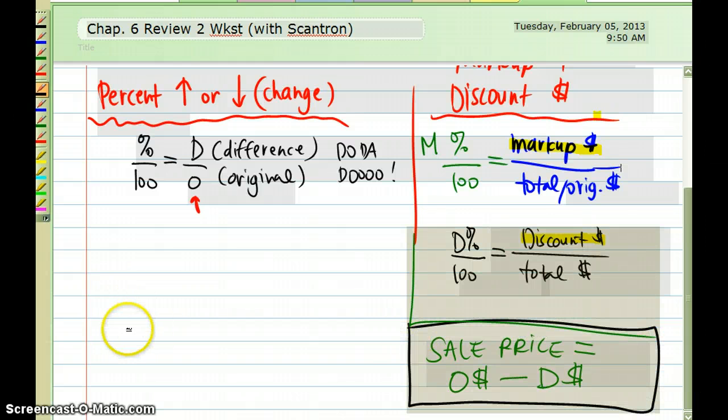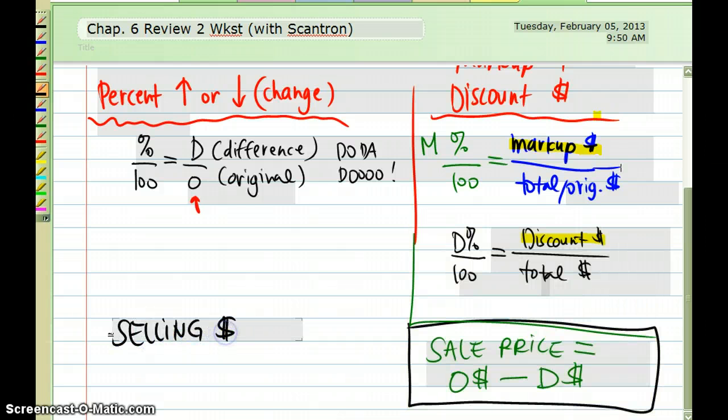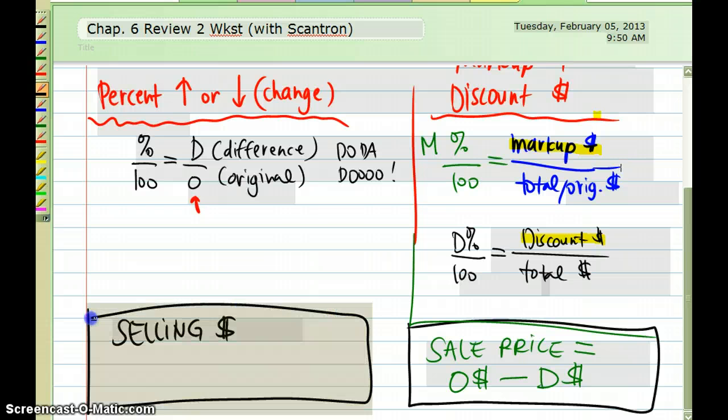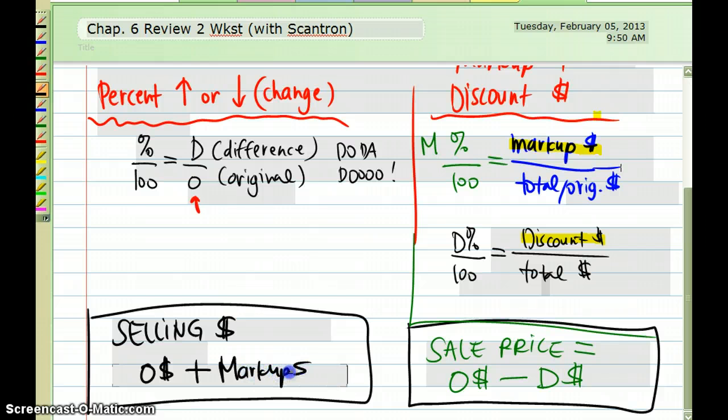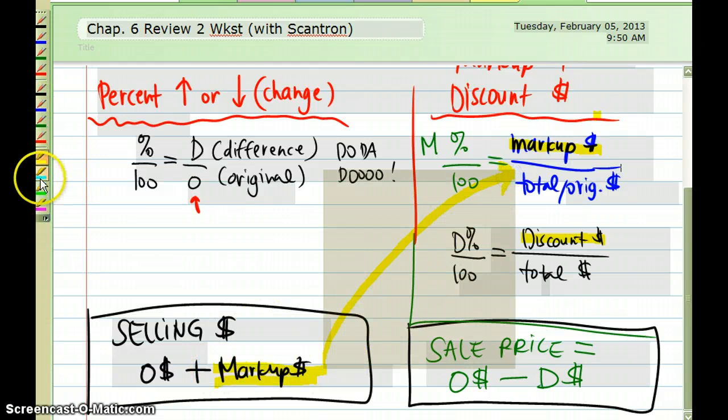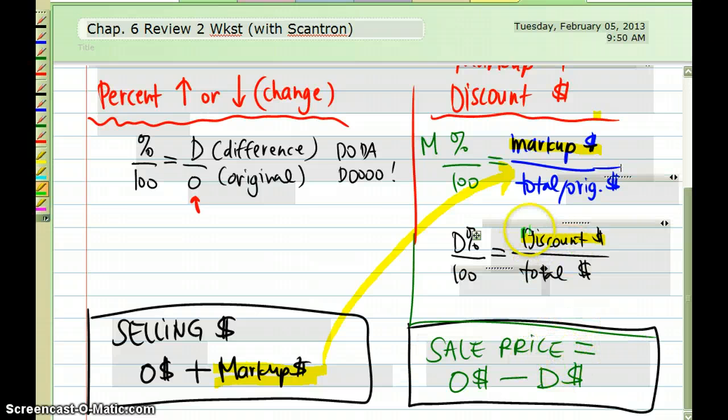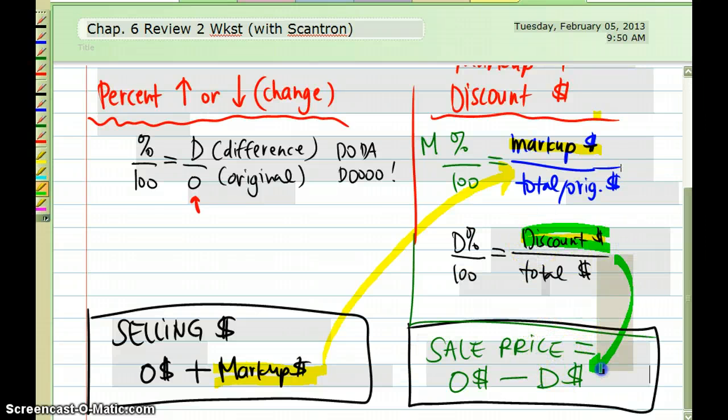If you're looking for your selling price, which is the price after a markup, then you would take your original price and add it with your markup price. Again, to find your markup price, you would do your proportion that's over here, and to find your discount price, you would use the proportion from before.